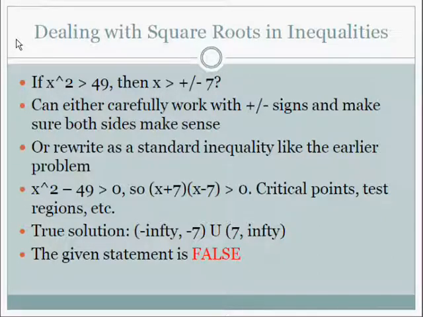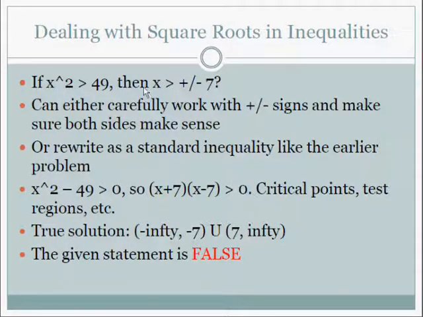So that tells you that, yeah, we knew that positive 7 and negative 7 were going to be our critical points for this thing, but we have to check every region in between them. So everything to the left of negative 7, everything between negative 7 and positive 7, everything greater than positive 7. So the true solution is everything less than negative 7 and everything greater than 7.